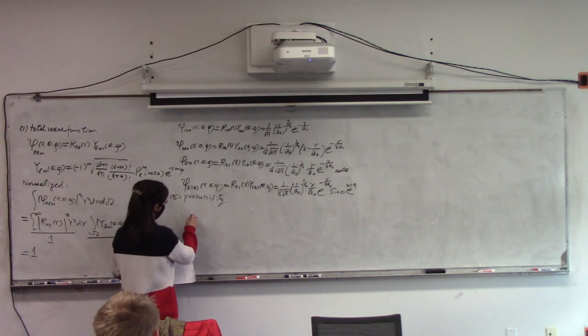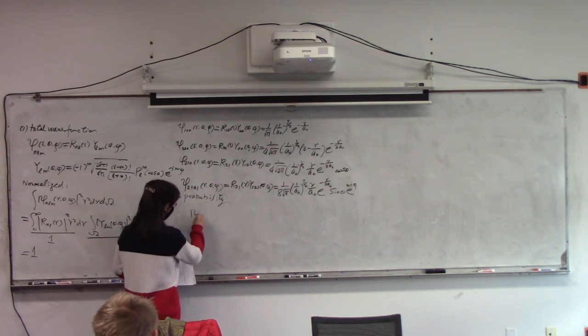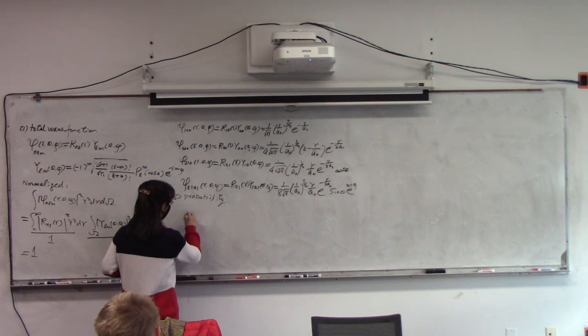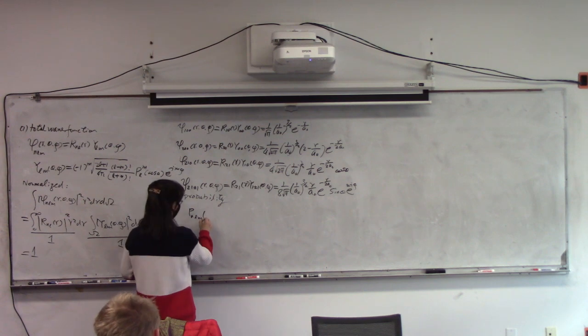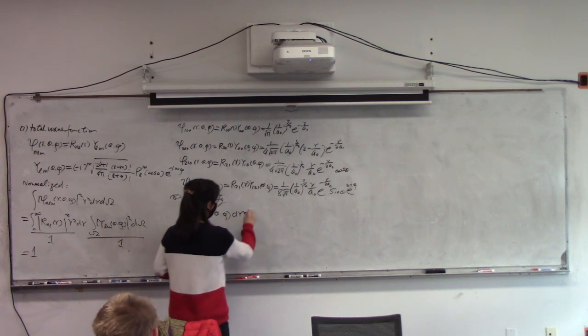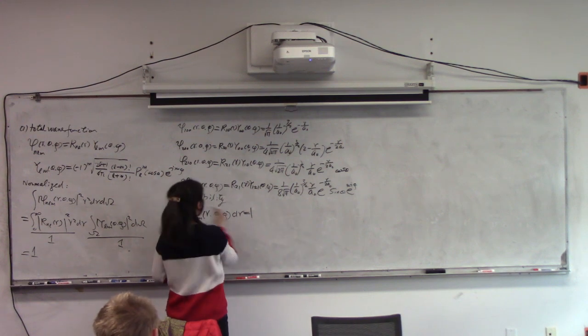So if we say, how about this one, P. I use P, and for given numbers n, l, m, which is the function of r, theta, phi, that is the square of this total wave function.